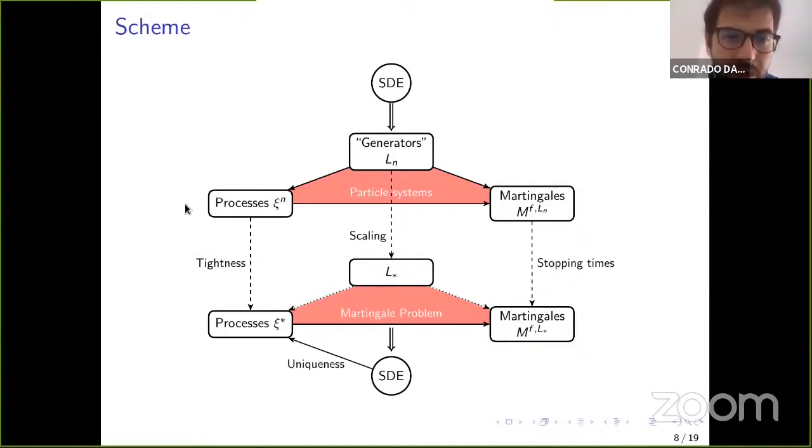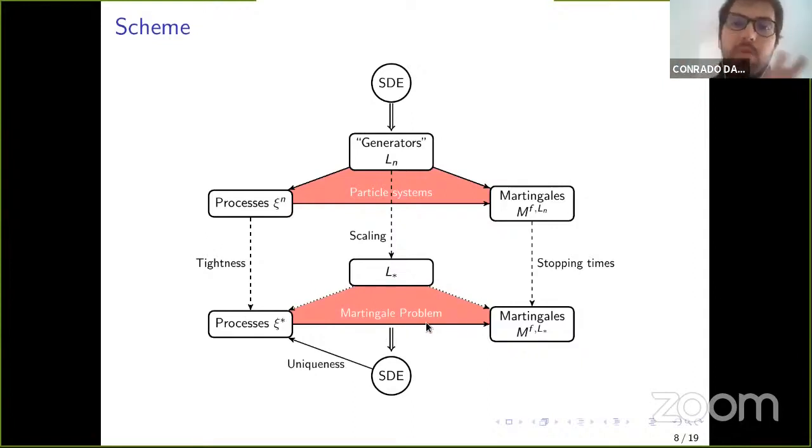So our goal here is to understand how the processes psi-n or zeta-n converge to a limit process, and that's basically going to be dealt with using the tool of martingales, which help us understand tightness for our process, and to say something about the limit martingales, whether they solve a martingale problem.